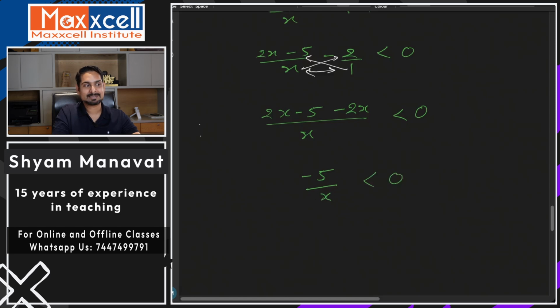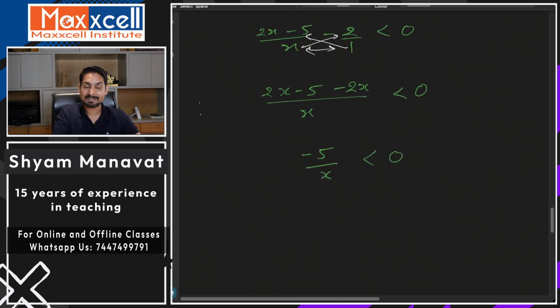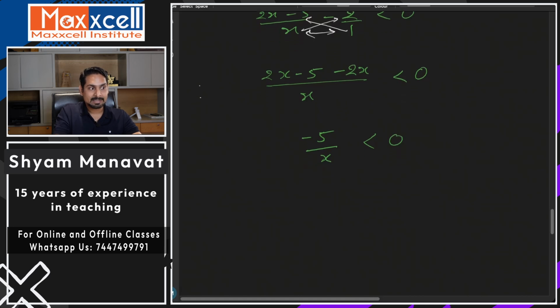This has to be less than 0. So you got only the denominator. See, minus 5 is already there. Minus 5, which is the numerator, is already there as a constant. So in this case, you are not going to take two cases. You are not going to get two cases of p by q and p by q. Can you tell me why? Think about it.